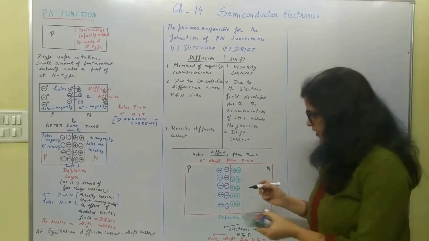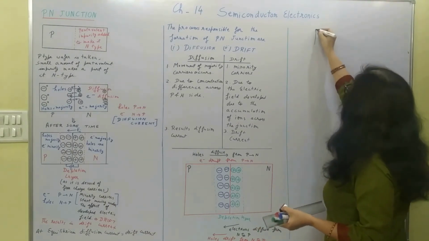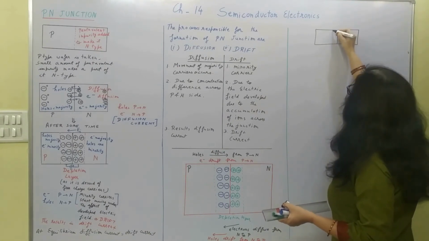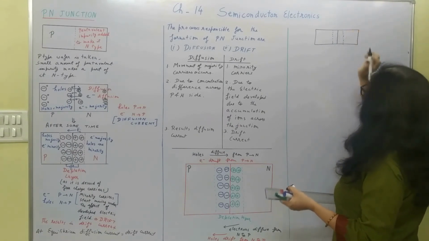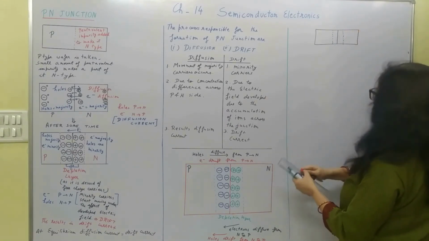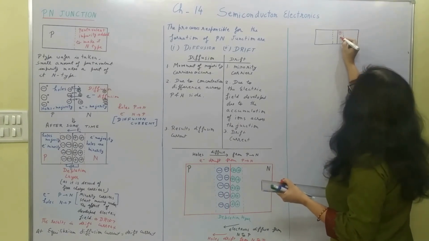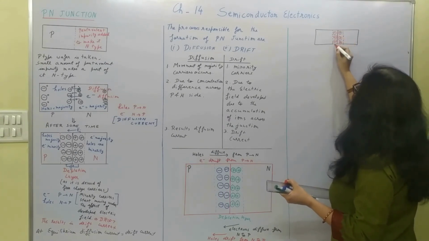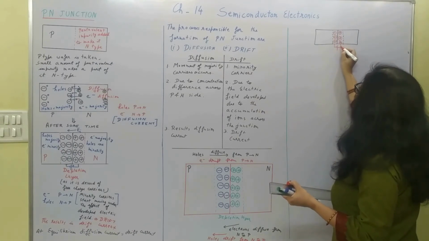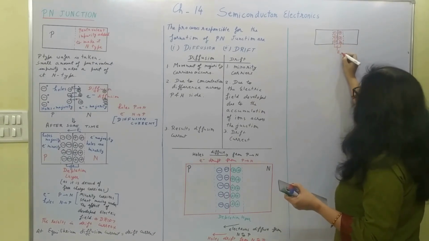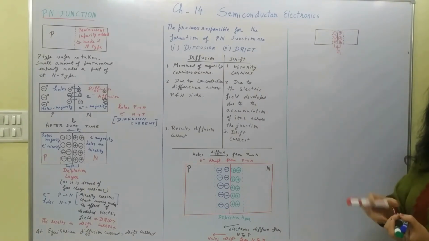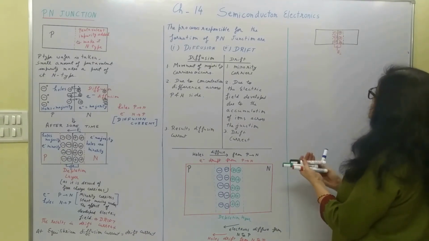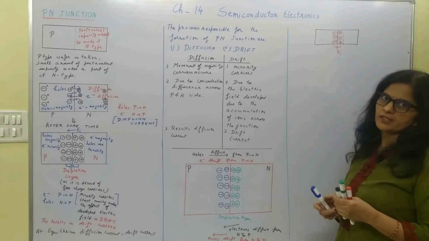So across this depletion layer, so we talk about this, this is the depletion layer, and here so this potential difference which is developed due to the development of this electric field due to the accumulation of the ions, or you can say the charges across this junction, this stops the further flow of majority carriers.